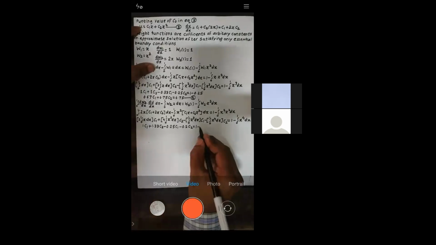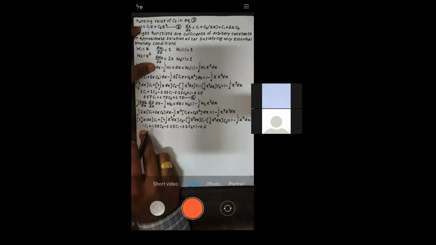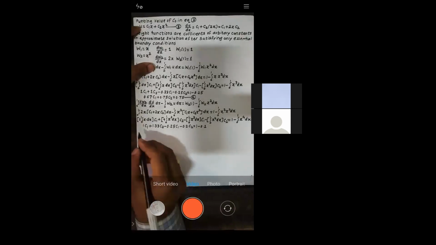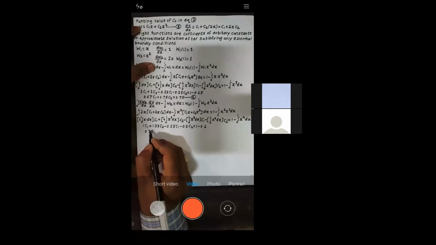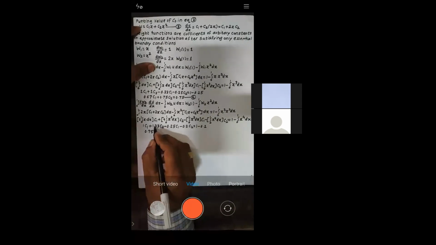Okay, so tell me in terms of C1. 1 C1 minus 0.25 C1. That is 0.75 C1, right? Then 1.33 C2 minus 0.2 C2.